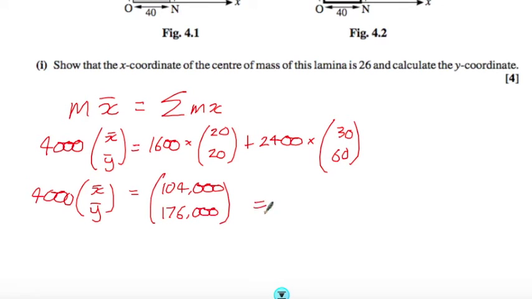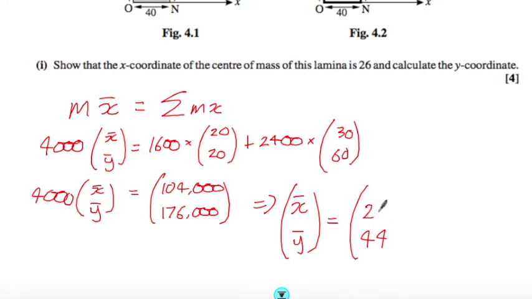So to find x bar, y bar, we've got to divide both by 4,000. So 176,000 divided by 4,000 is 44. Sounds about right. And 104,000 divided by 4,000 is 26, which is what they had.